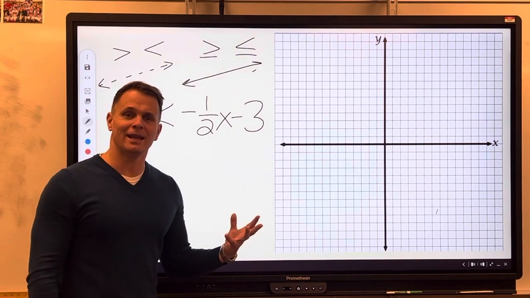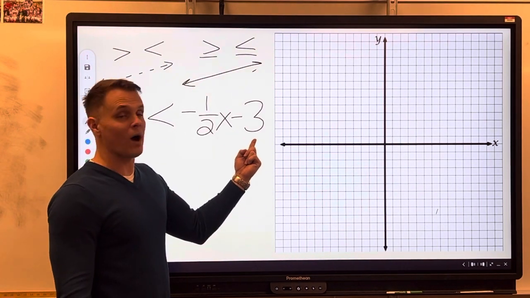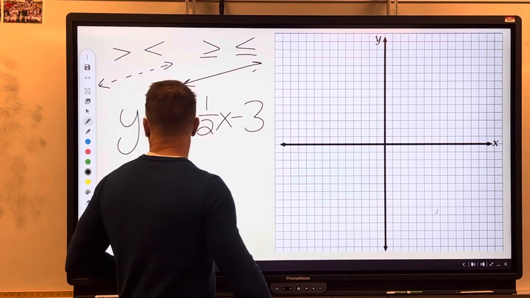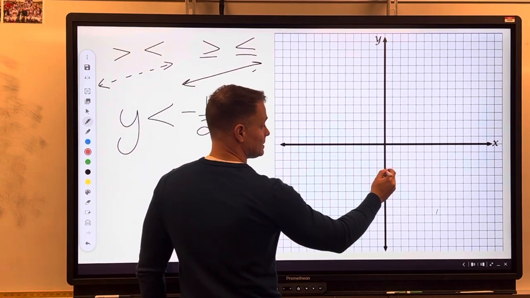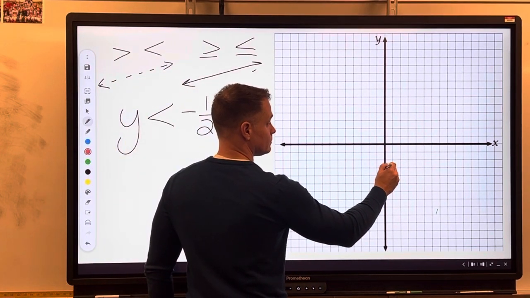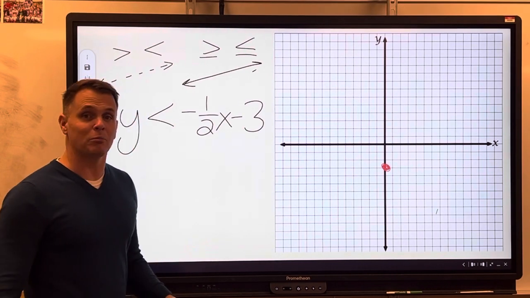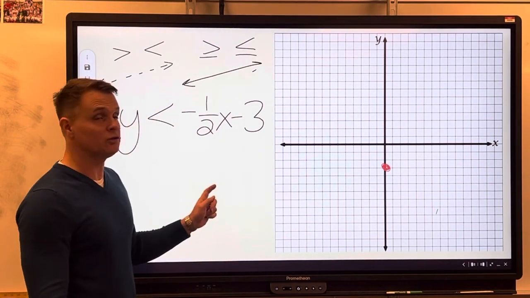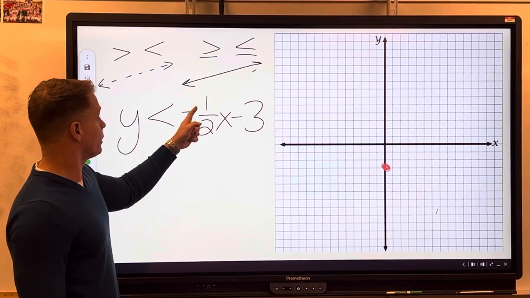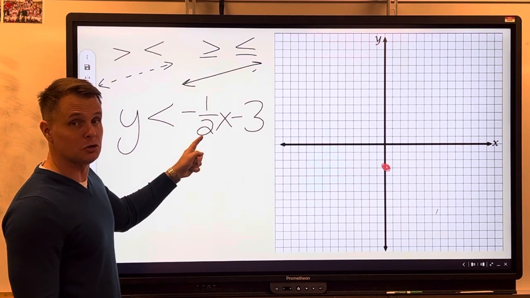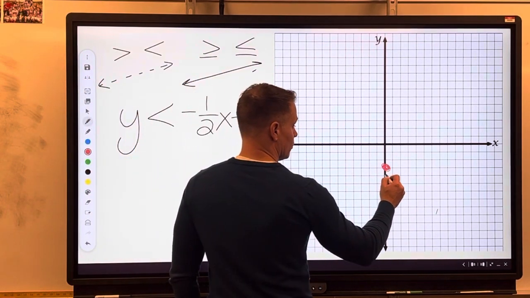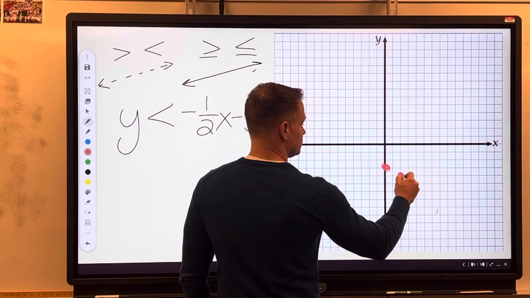First thing I do again is I graph the y-intercept, negative 3. So I go to negative 3 on the y-axis right here. And then from there I plot the slope. I use the slope to plot the next point. So I go down 1 and over 2 to the right. Down 1, 2 to the right.